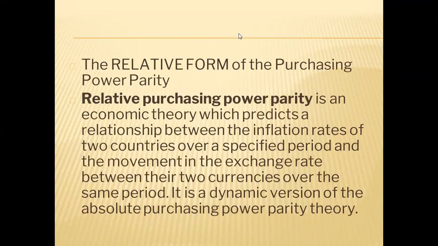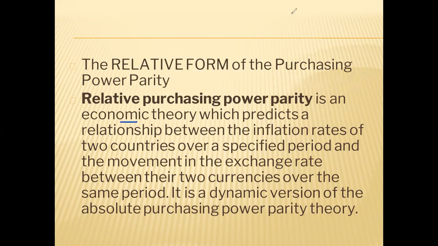Relative purchasing power parity theory is a mathematical formula. You can apply this mathematical formula to determine the exchange rate. It is an economic theory which predicts the relationship between the inflation rate and the exchange rate.